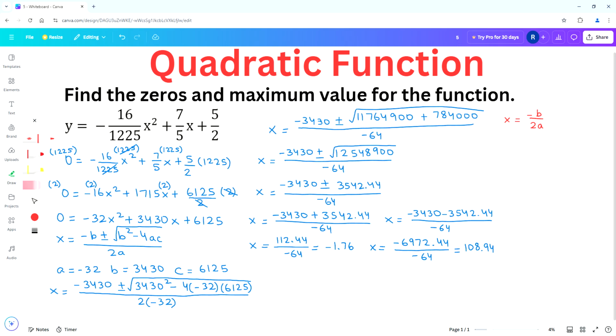To find the vertex of this parabola, we should use the given function equation, not the modified equation. In the given equation, a is equal to negative 16 over 1225. B is equal to 7 over 5.